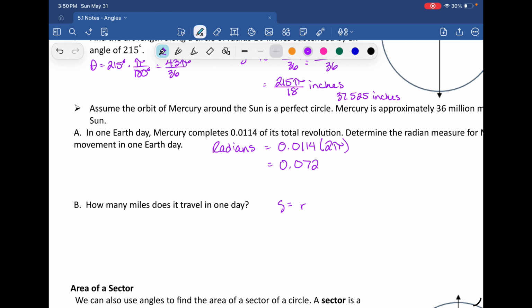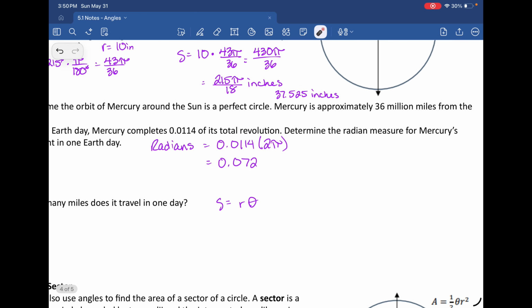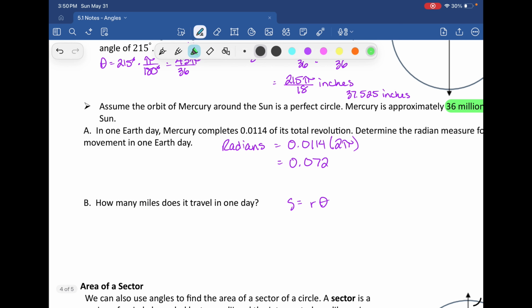Arc length is radius times theta when theta is in radians. I have the theta, that's 0.072. Radius, that comes from the question itself. Assume the orbit of Mercury around the sun is a perfect circle. Mercury is approximately 36 million miles from the sun.